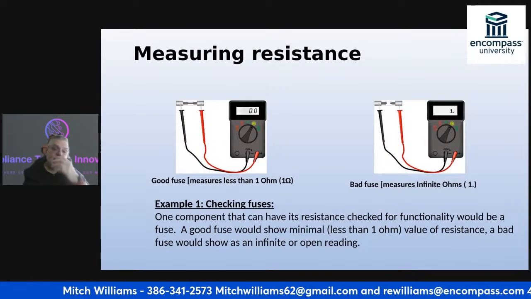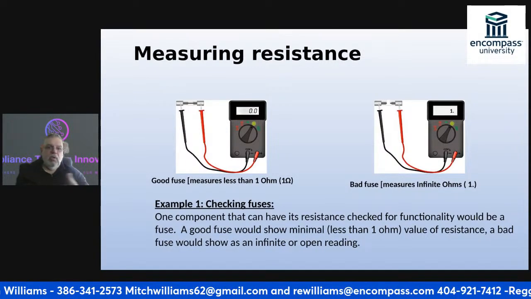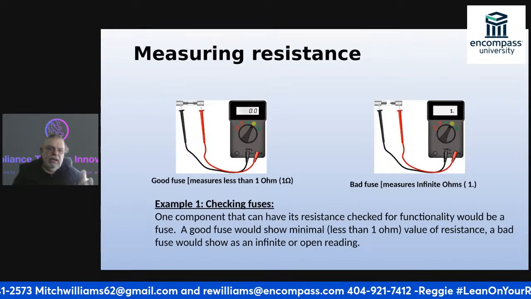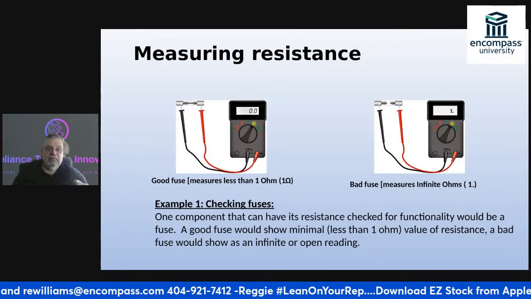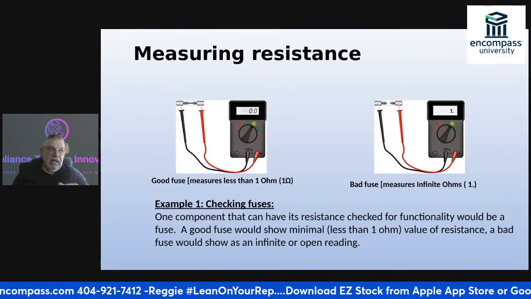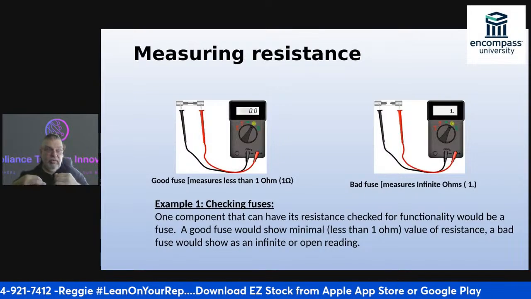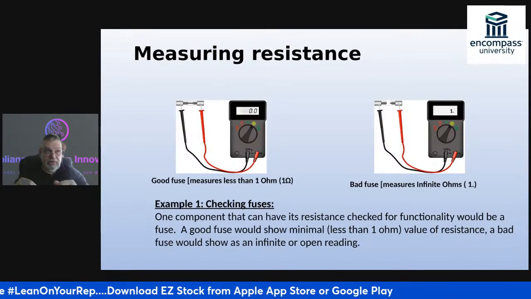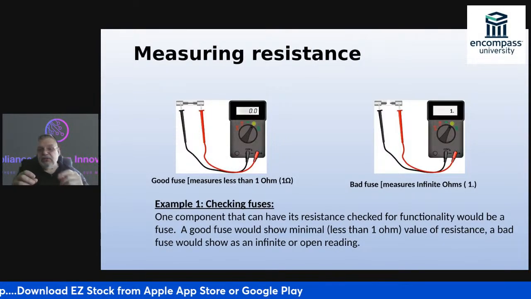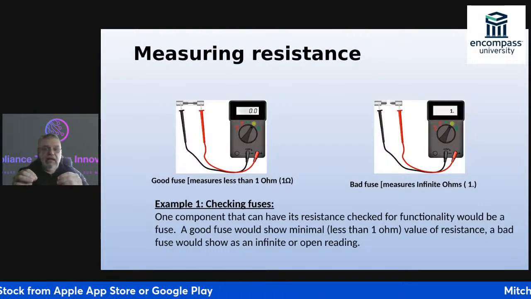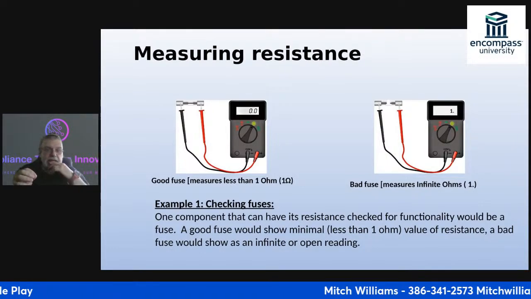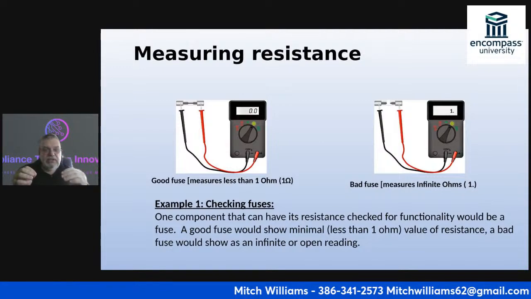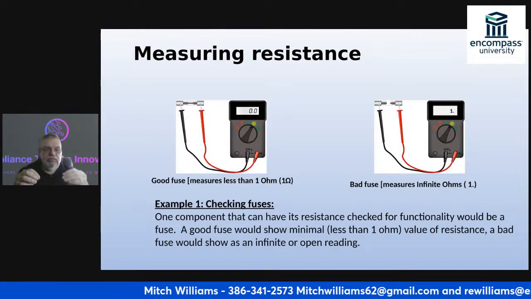So, measuring resistance. What I always do, if I have a fuse in a system, is remove it from the system and check it. If I get a zero, if I measure less than 1 ohm, I've got a good fuse.